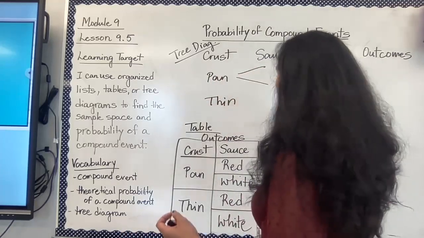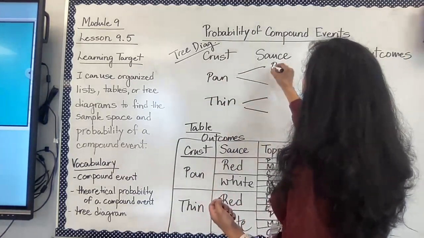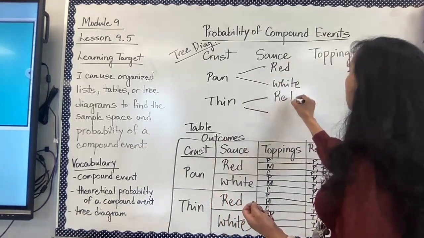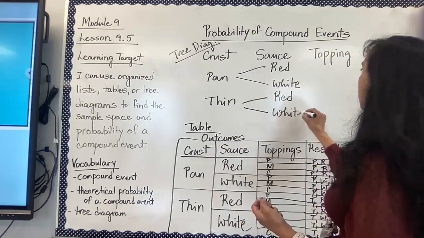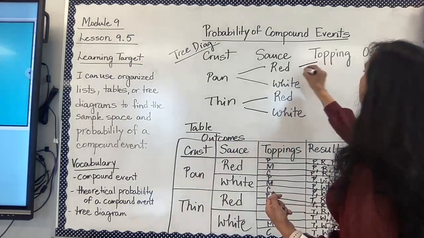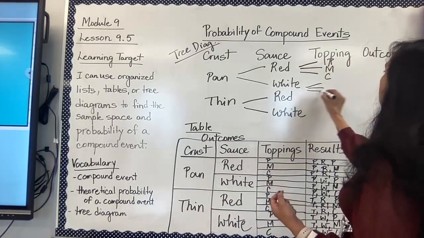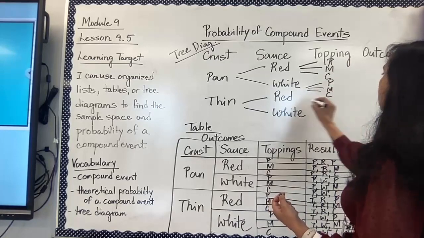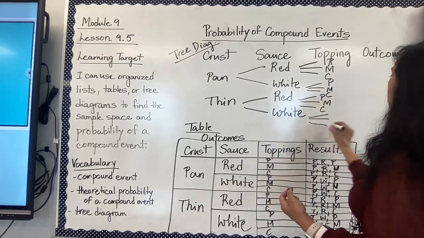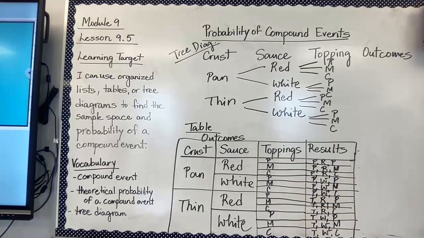Now from here, I'm going to get the red or white sauce. So I have red or I have white. I have red or white. Then from each of those, I'm going to have 3 different toppings. Okay, pepperoni, mushroom, cheese, repeated for each branch.